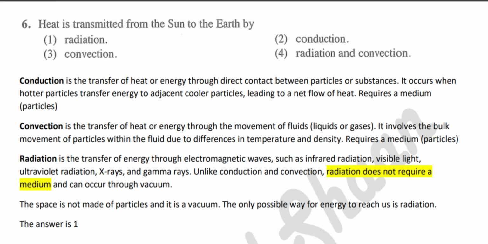Convection is the transfer of heat or energy through the movement of fluids. Fluids include liquids and gases. I need to remember that. So it isn't just liquids. It involves the bulk movement of particles within the fluid due to the differences in temperature and density. Requires a medium.